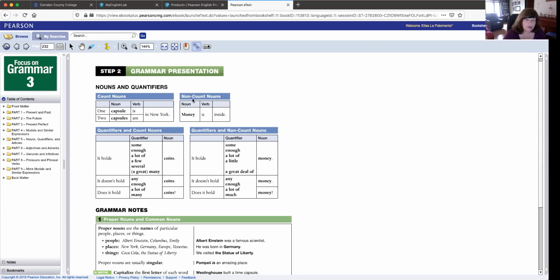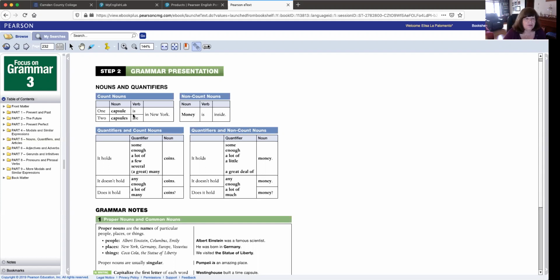Non-count nouns, and the word non means no, so non-count nouns are things that you cannot count. For example, air, water, gas. Here they have money, and you're thinking, well, I can count money, but the word money in general is a non-count noun. You can count bills, you can count coins, but when we say the word money, we mean that as a non-count noun, money in general, okay?